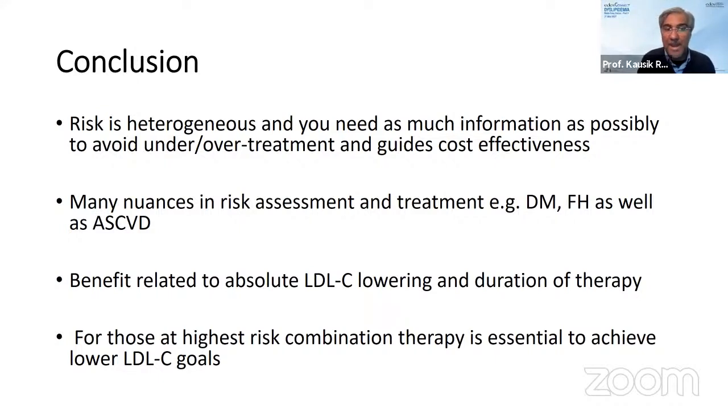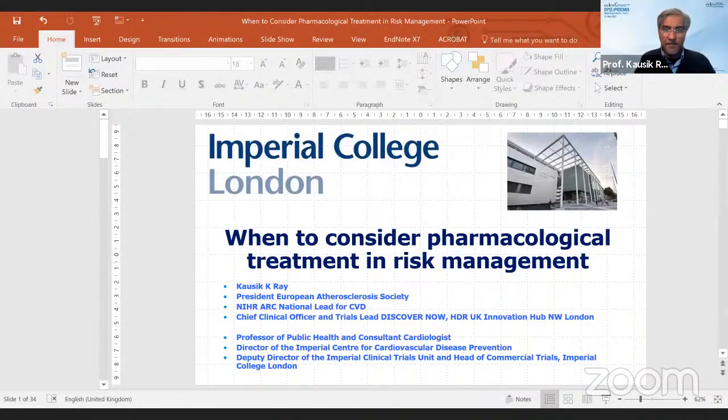Duration of therapy is rarely factored in, but the basic rule of thumb is for those at highest risk, you need the most treatment, and you will probably need combination therapy because you can't get to those lower goals without it. So I'll stop there and maybe move on to my second talk.